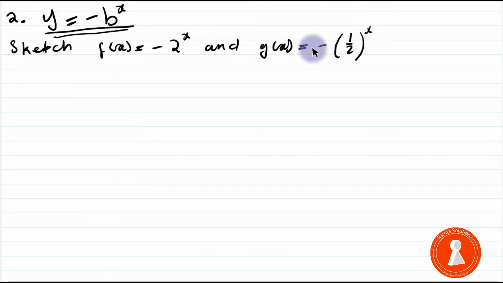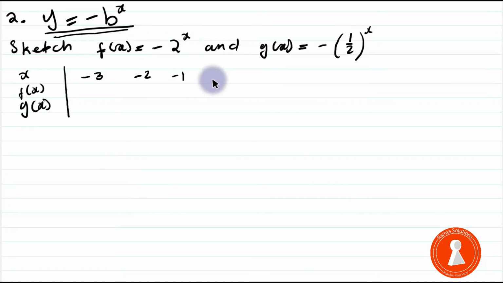All right, so now we have again x, f of x, and then g of x, right? So let us try minus 3, minus 2, minus 1, 0, 1, 2, 3.